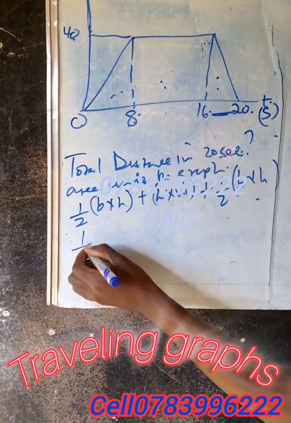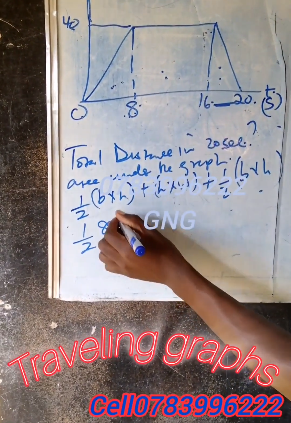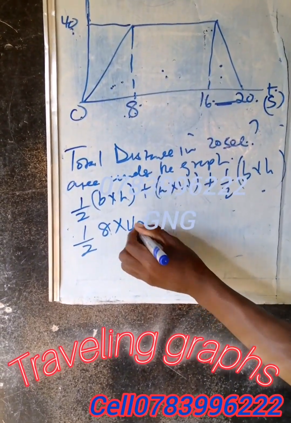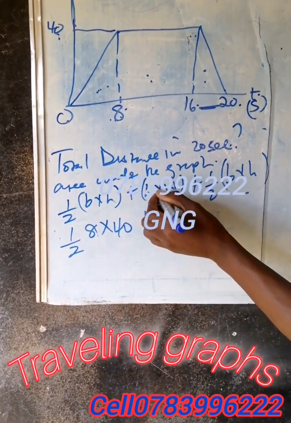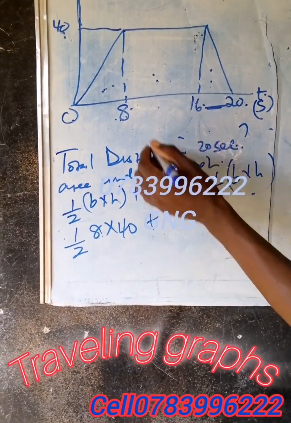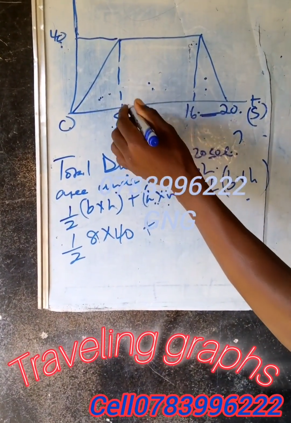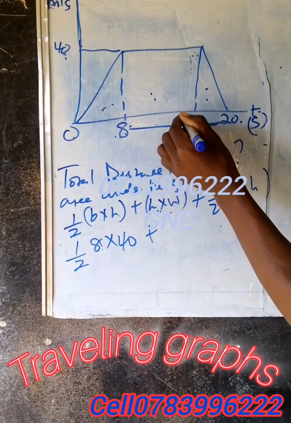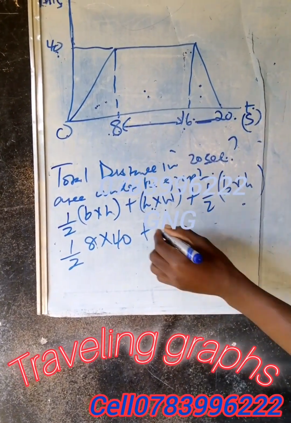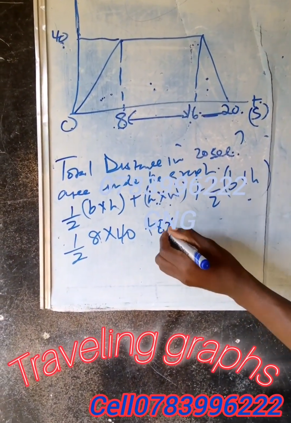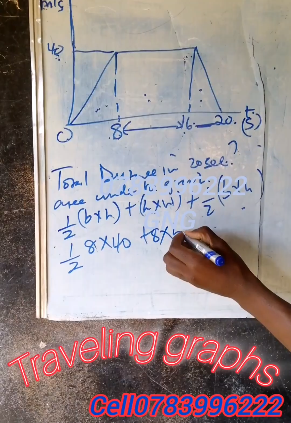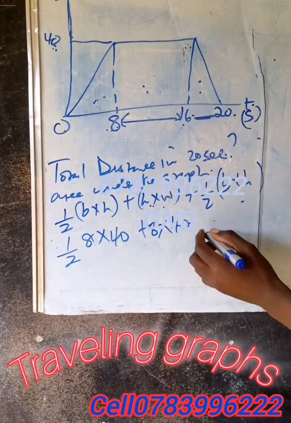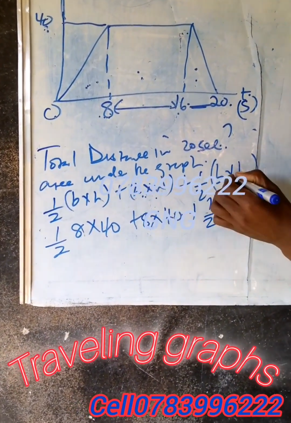So half, what is our base? It's 8, times our height, 40, right? Plus what is our length? Length times width, right? From 8 to 16 there is 8, times 40. This is a rectangle. Then plus half, what is our base?